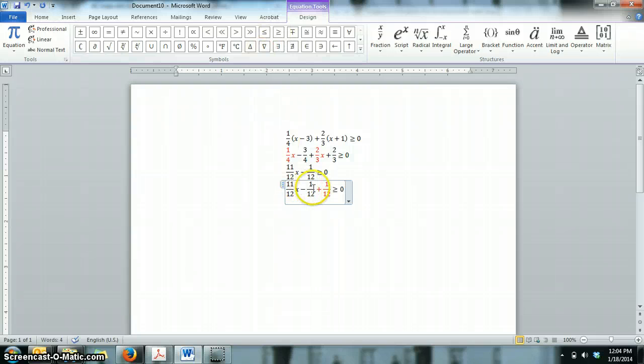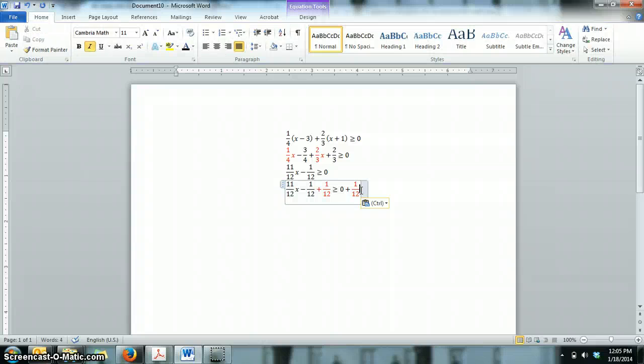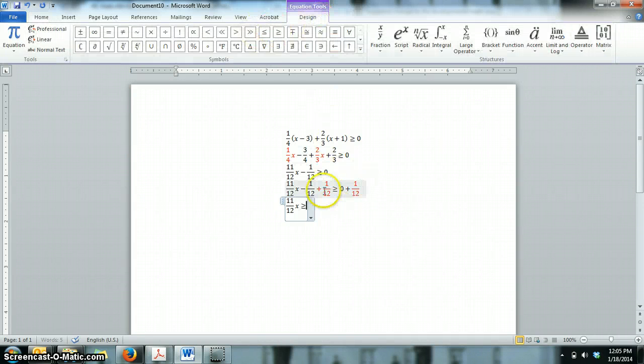And then, again, I added 1/12 over here, so I'm also going to add 1/12 on this side, whatever you do to the left-hand side. And then we've got this -1/12 plus 1/12. Those are going to cancel out, right? So all that's going to be on the left-hand side is 11 over 12 x, and then greater than or equal to 0 plus 1 over 12, which is 1 over 12.